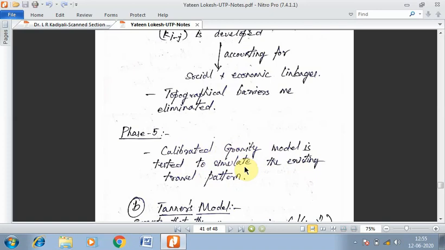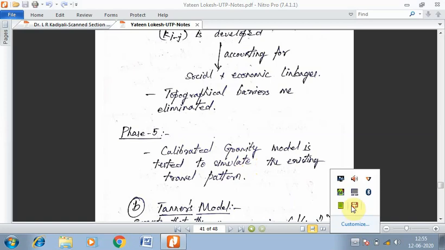And once you assure that the gravity model, whichever one you have selected, works well, that is where you can decide to move ahead with the distribution process. So that is what the calibration process of the gravity model is about.